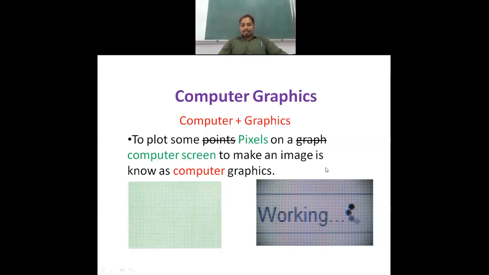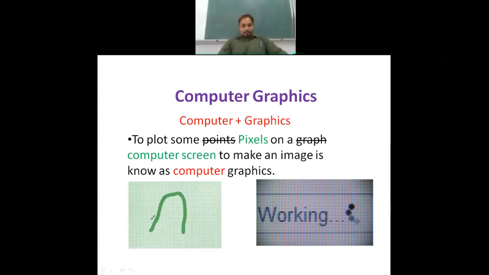So the definition is the same. In graphics, we are plotting points on a graph. Now we are plotting pixels on a computer screen to make an image. This is known as computer graphics. Before, in graphics, we plotted points on a graph to make an image. Now we are plotting pixels on a computer screen to make an image.